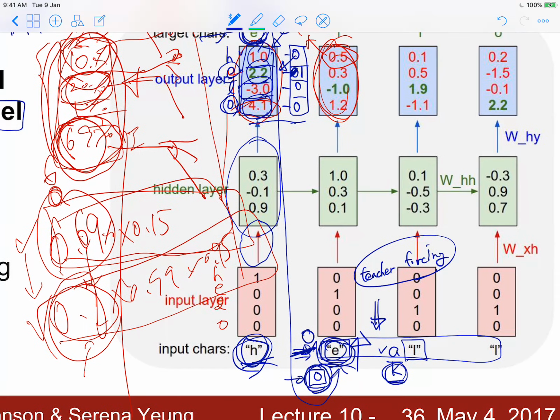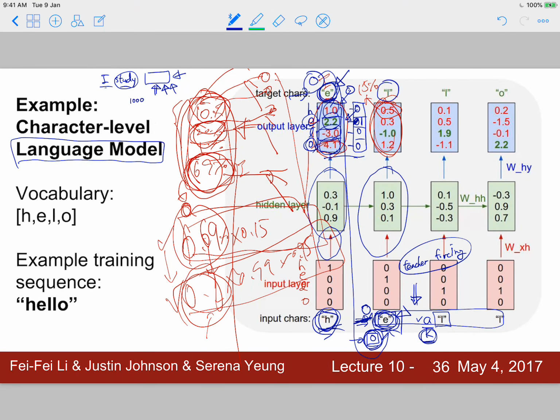If your model at time step T is really behaving correctly, it will be really difficult to generate the correct output of an L, because H, O, and L doesn't make sense.